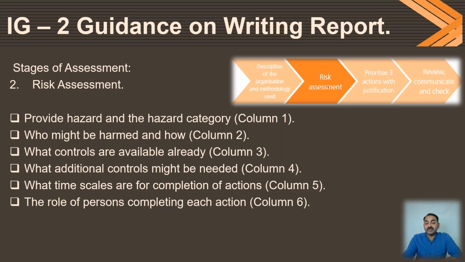So if you look at the first column, provide the hazard and the hazard category. This is very important. Most of the time I have seen many reports where people are not filling it properly, and they always have ambiguity in the hazard category. The hazard category is the major area of hazard, as we discussed in previous slides. So you might have 5 or 6 major categories, out of which the hazard itself is a subcategory of that category.